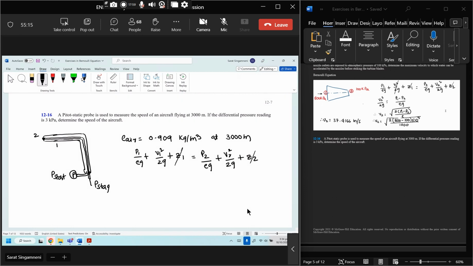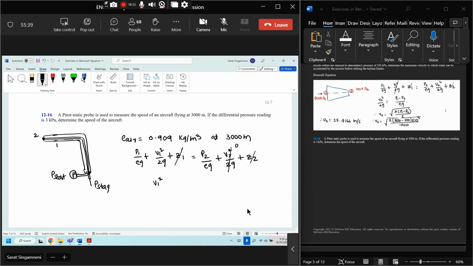So V1 squared and V2 squared is 0 because that is a stagnant point. That is where the air that is moving at high velocities comes and hits the front end nose of the pitot tube and comes to 0 velocity. So that is 0.